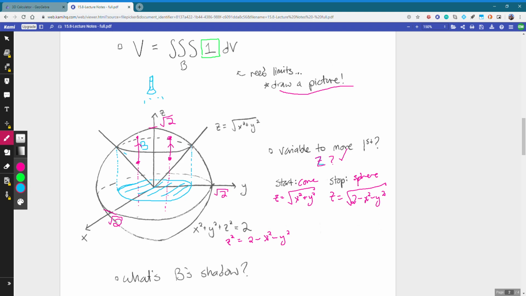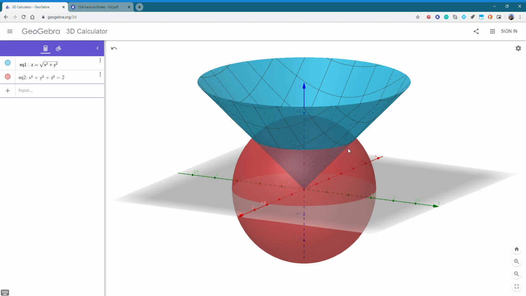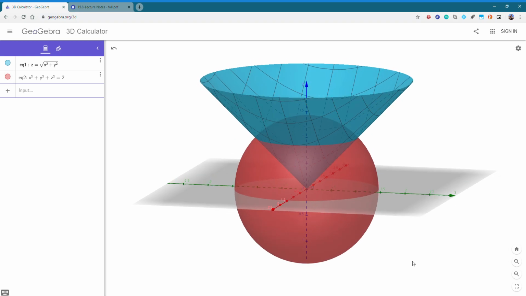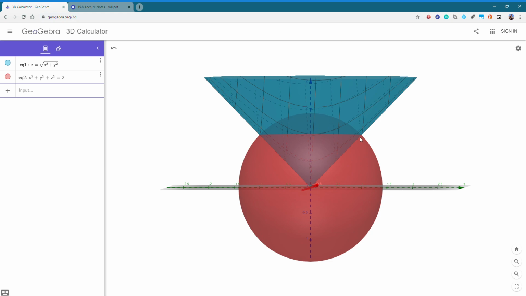And we can see that on GeoGebra as well, right here. Maybe if we do a side view and a top view, we come to the side, right, we can see, yes, okay, this point of intersection doesn't come all the way out to the edge of the sphere.